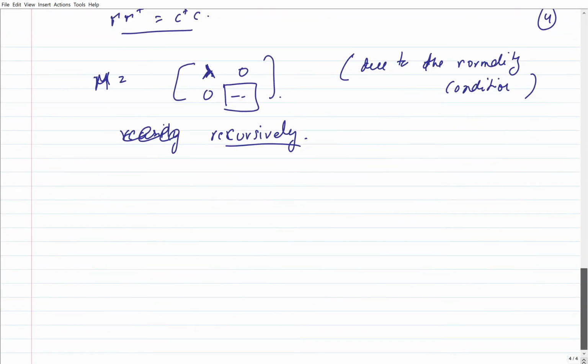which is to say we'll have a characteristic polynomial of this guy, and again reduce this guy to some particular form.